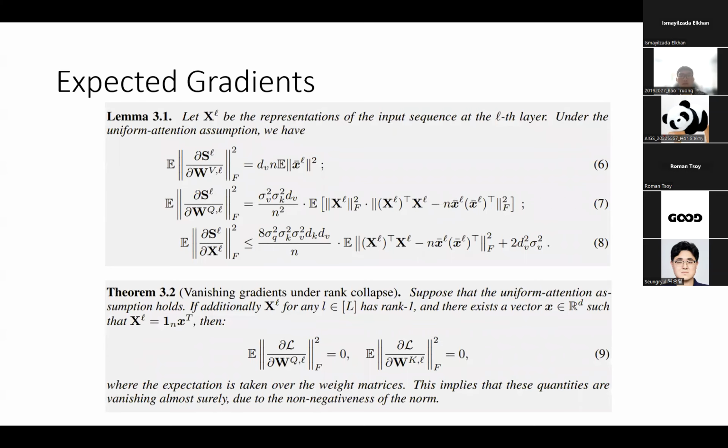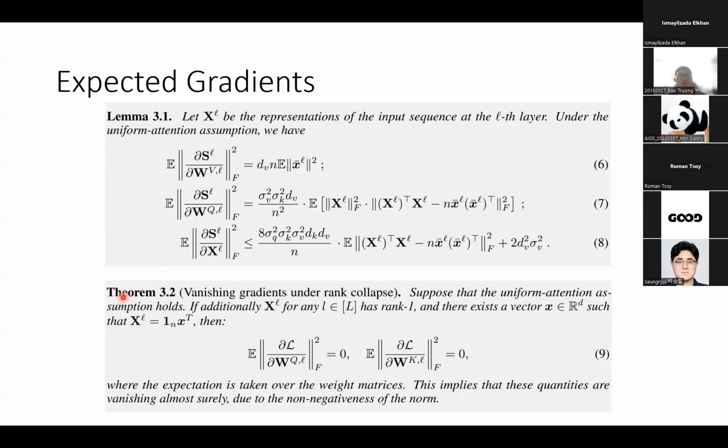In Lemma 1 of the paper, they compute the gradient of the block with respect to its parameters, the value, the query, and the key. Here we can see that W indicates one of the key, query, or value.